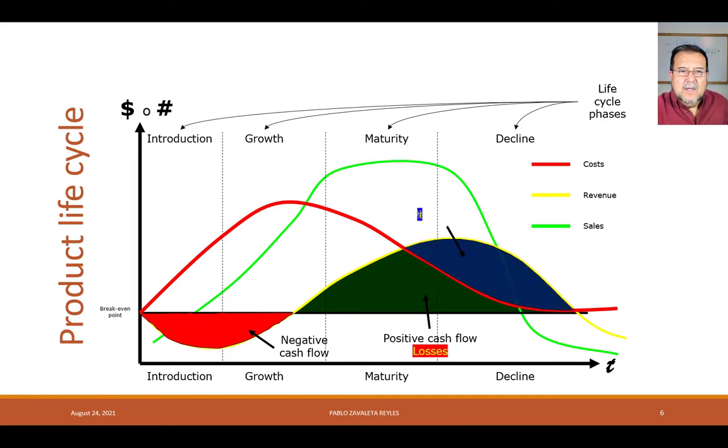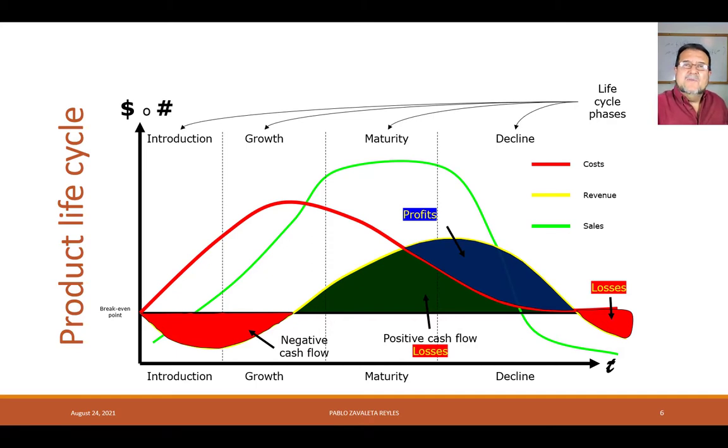Why? Because there's a difference between profits and losses, even if it is a positive cash flow. What we need to achieve is profits. And finally, towards the end of our life cycle for the product, we have losses again.